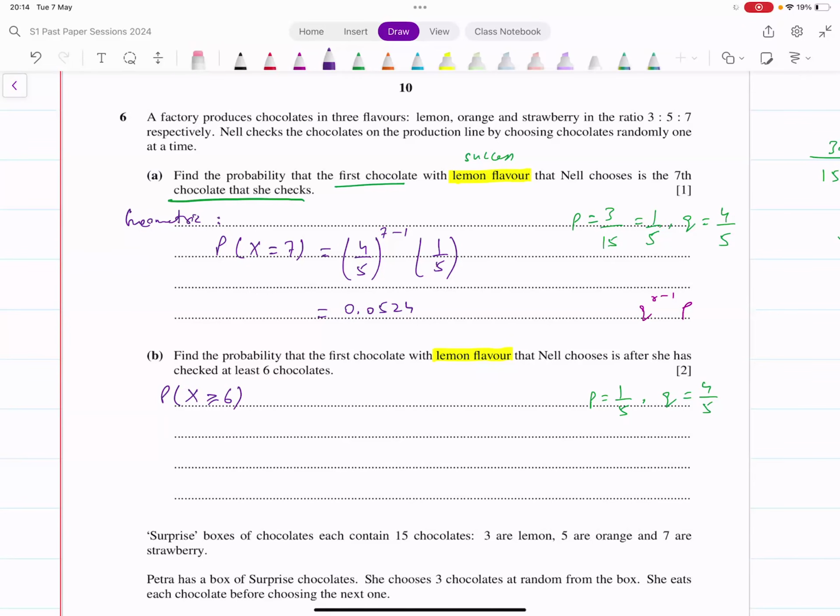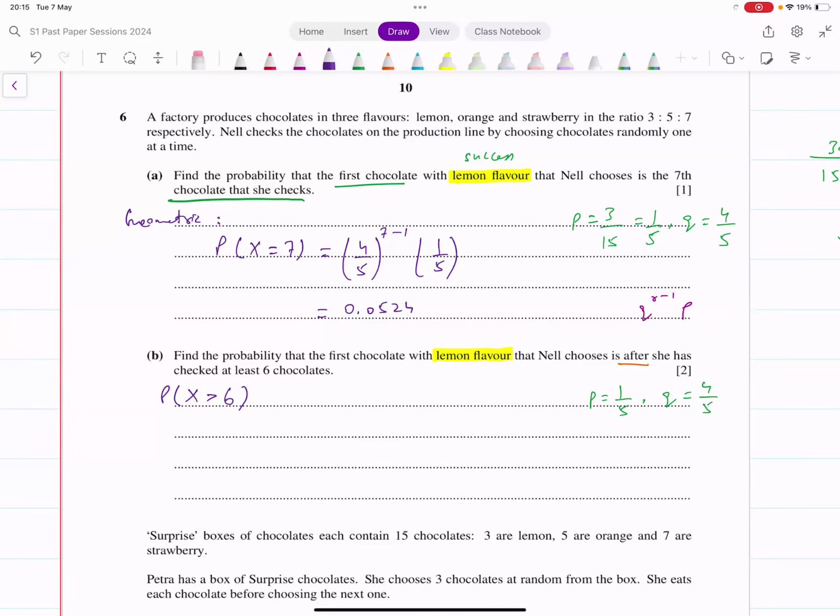Now, if it's after she has checked at least 6 chocolates, that means we should probably not be including the 6th one here. I think that's what it would mean, because they're using the word after here. So she has already checked 6 chocolates, and then the first time she gets a lemon flavor, that would be x greater than 6 then.